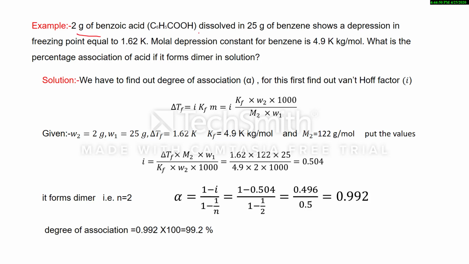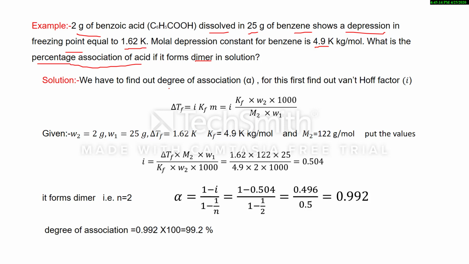2 gram of benzoic acid dissolved in 25 gram of benzene shows a depression in freezing point equal to 1.62 Kelvin. Molar depression constant is given as 4.9 Kelvin kilogram per mole. What is the percentage association of acid if it forms a dimer? Dimer means two molecules join and form one molecule.